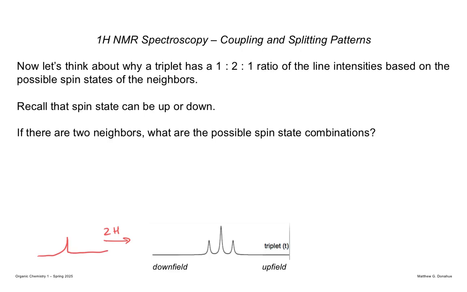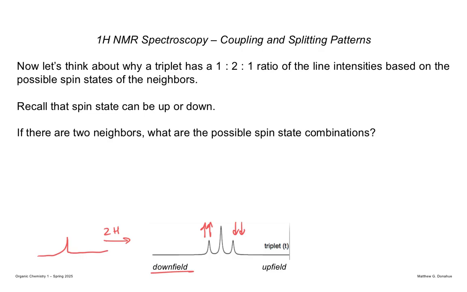And so you're just running through the possible combinations. To the left, that's downfield. Those were the spin aligned ones, right? So those have to both point up. For the upfield, they're spin opposed, so they need to both point down.